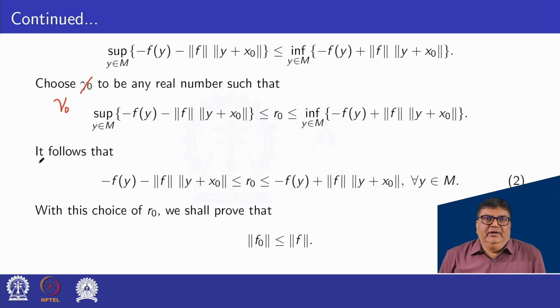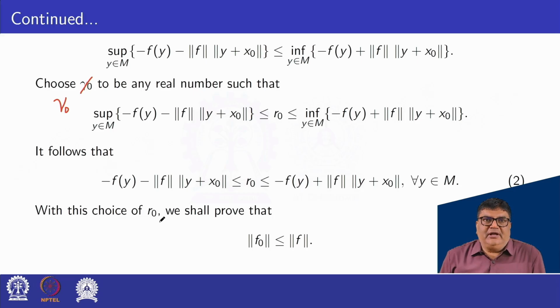It follows that minus f(y) minus norm f into norm (y plus x0) less or equal to R0, and this R0 less or equal to minus f(y) plus norm f into norm (y plus x0), for all y belonging to M.